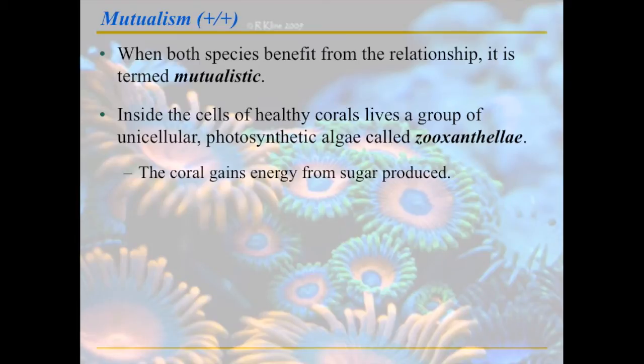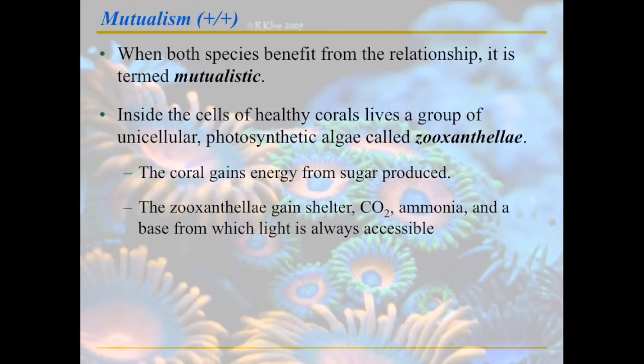Now, clearly, when the zooxanthellae photosynthesize, they produce oxygen and sugar. That's a byproduct of photosynthesis. And they themselves will use some of it, but they produce more than they can use, and so they give some of it off to the coral. So the coral can gain energy because they will participate in the sugar that these zooxanthellae produce.